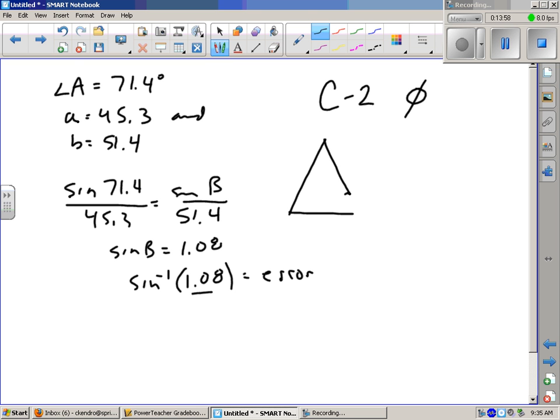Side A doesn't reach the bottom. So you got to be careful of that. If you come up with an error when you start to do the law of sines, that means it wasn't a triangle to begin with. Okay, so it doesn't necessarily have to be this. It just has to work out as an error if that's going to happen.